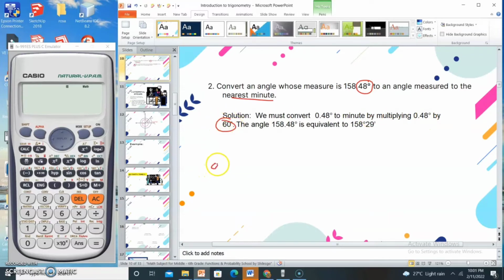So using the calculator, 0.48 times 60 is 28.8, or 29. Just copy 158 degrees. 158 degrees, 29 minutes. So that's the answer.